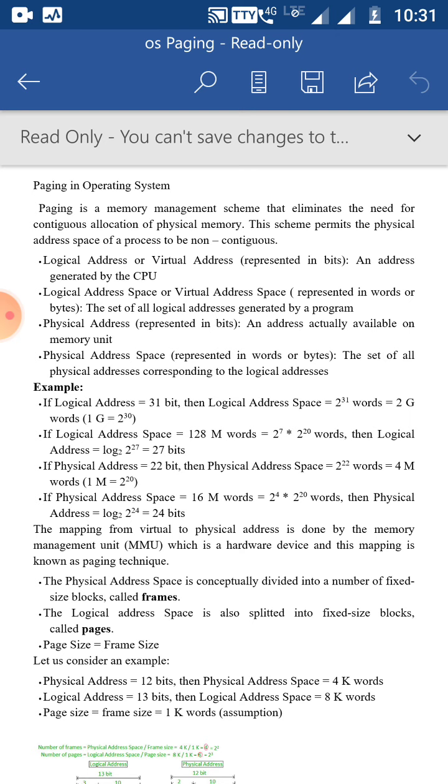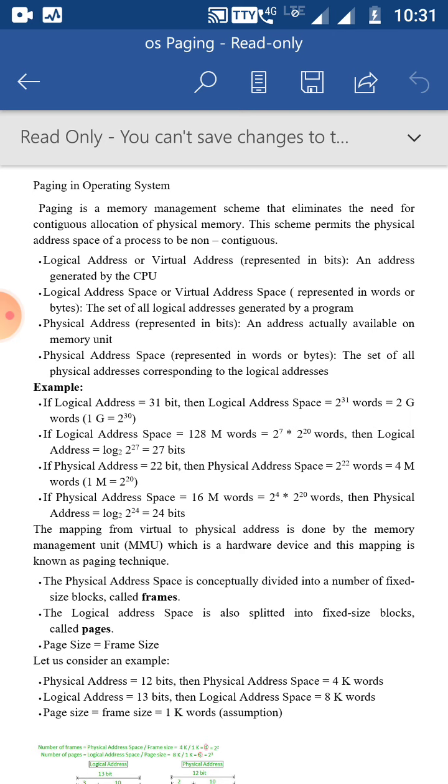In static, the partition size is determined by the OS. This partitioning technique is called MFT, that is multi-programming with a fixed number of tasks. Conversely, the dynamic partitioning technique was introduced, where a partition is created according to the size of the program.